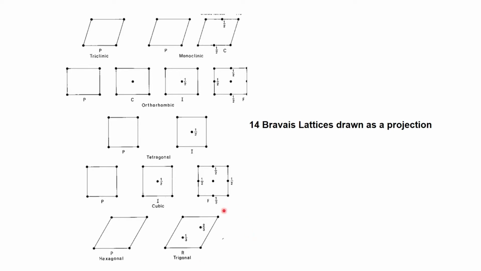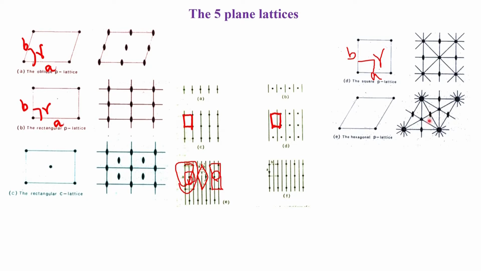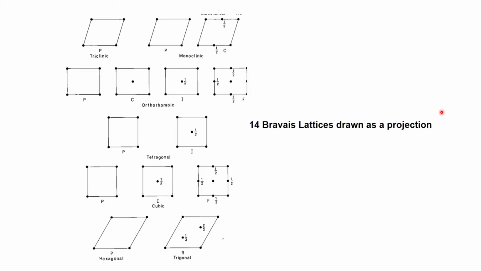And this is a very special case, as I mentioned: when A equals B equals C, and alpha, beta, gamma are the same value, then we have what is known as a trigonal system. This diagram is in conjunction with the diagram we saw just a few minutes ago. In respect to this one, you see that there is a 1/3 and a 2/3 3-fold rotation, and that is what is depicted here in 3 dimensions as well.